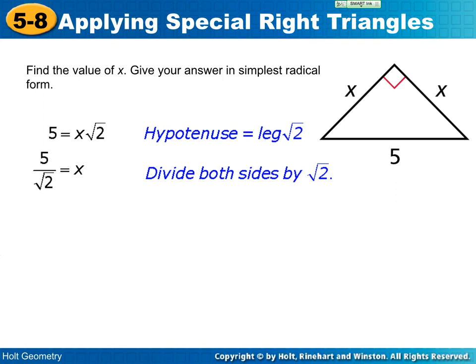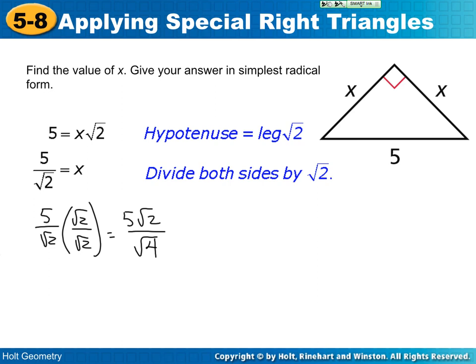So take the 5 square roots of 2, multiply by square root of 2 on top and bottom. Okay, let me finish here. 5 times the square root of 2 over, some of you are showing me 4, it's the square root of 4, which is just a plain old 2.